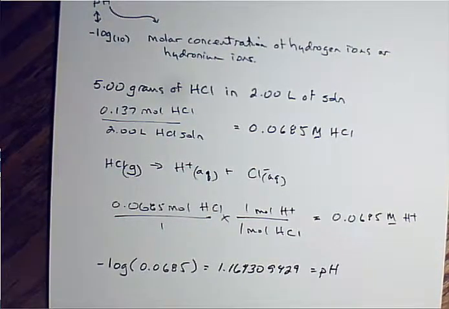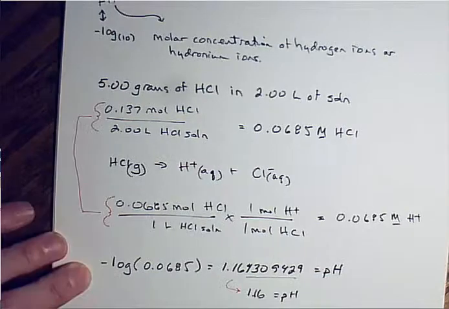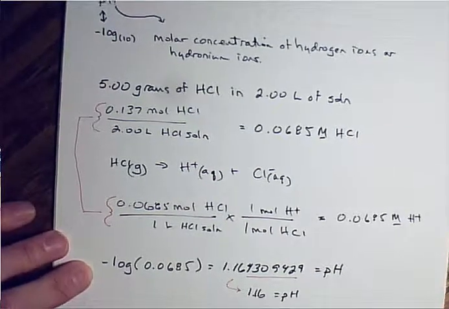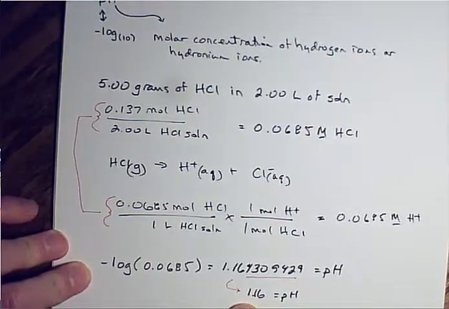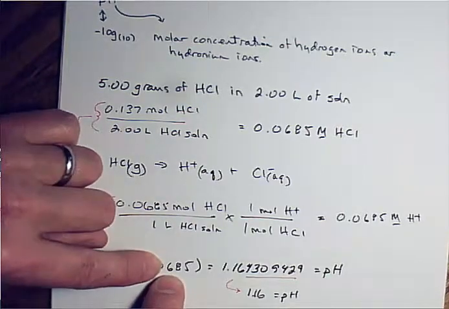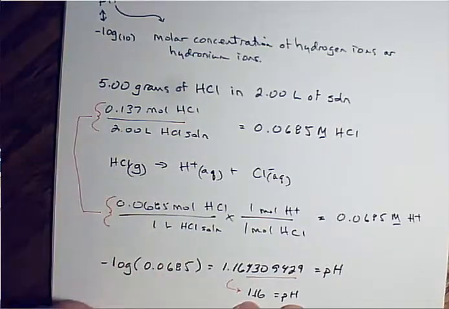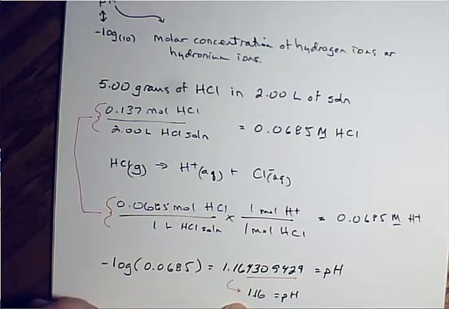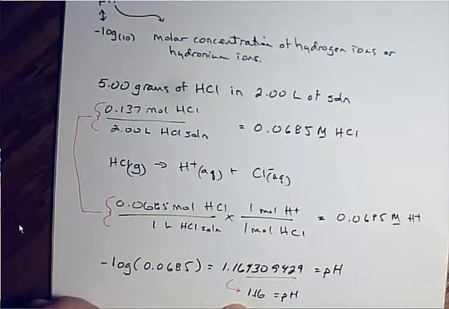So in these calculations, we're going to assume the same system for rounding off that we use for multiplication and division. So we're going to round to 3 digits because I had 3 significant digits here. So we're going to say our pH is 1.16.